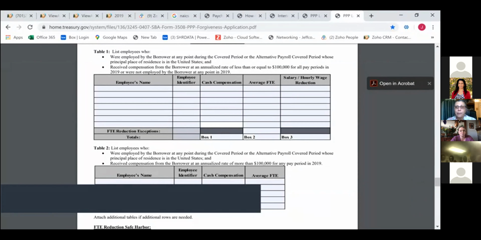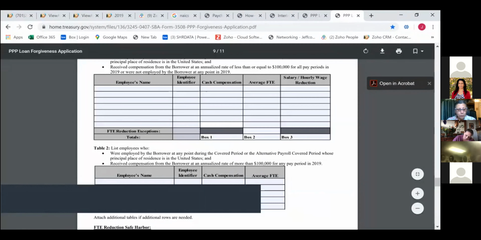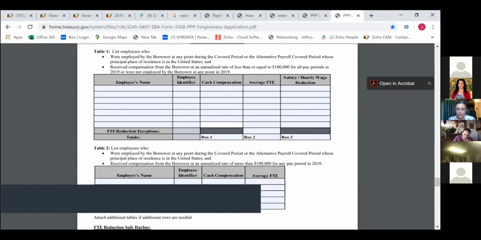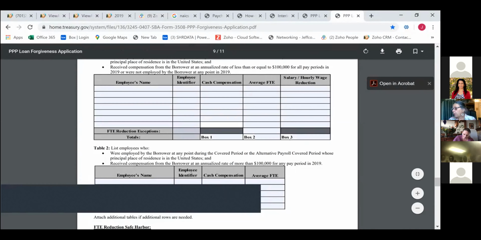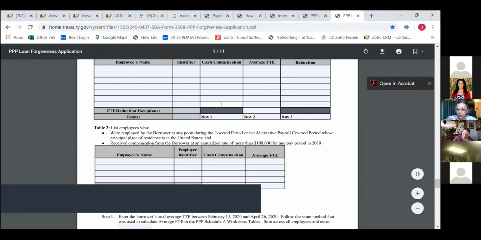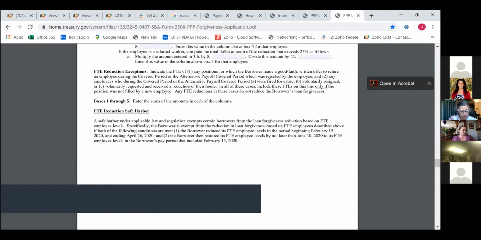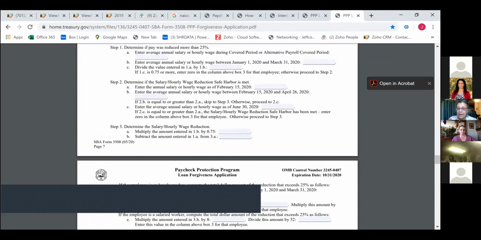And both of those are very important. So that's where we look at box 1, box 2, and box 3. Now from there, I hate doing this, but that's where we come back to page 3. And all of the numbers on the worksheet, page 9, get entered onto the application on page 3.